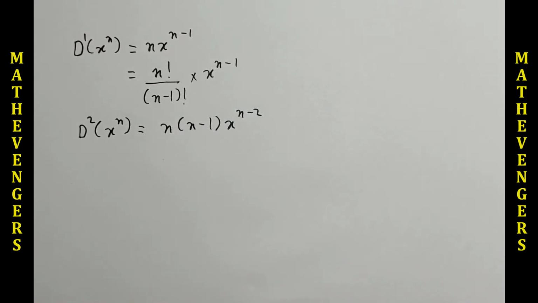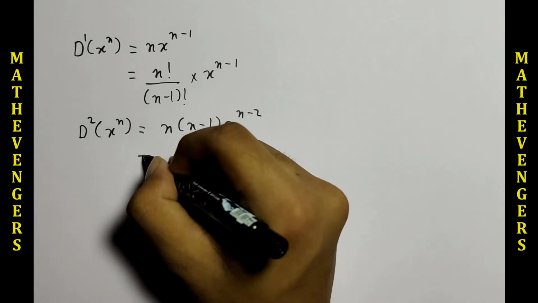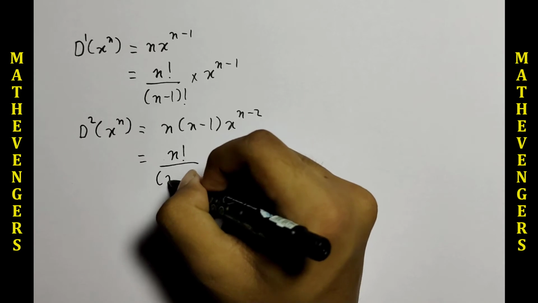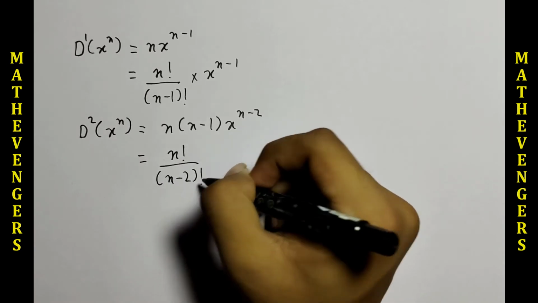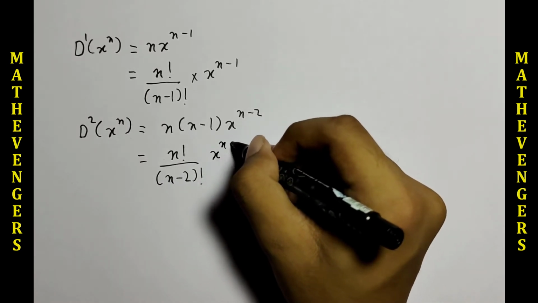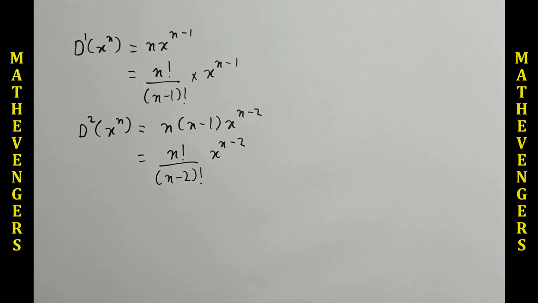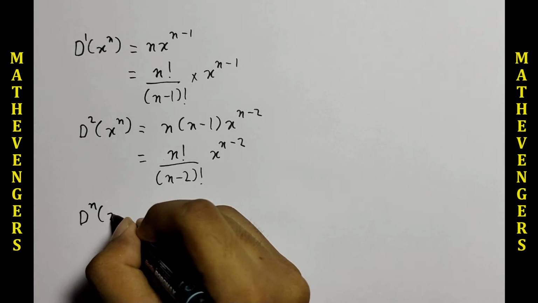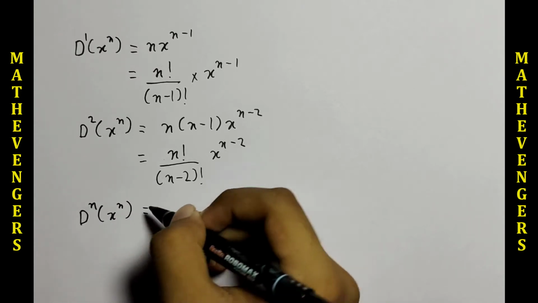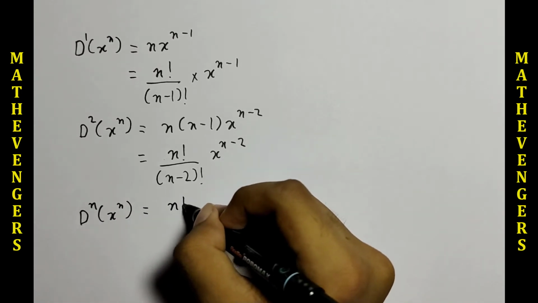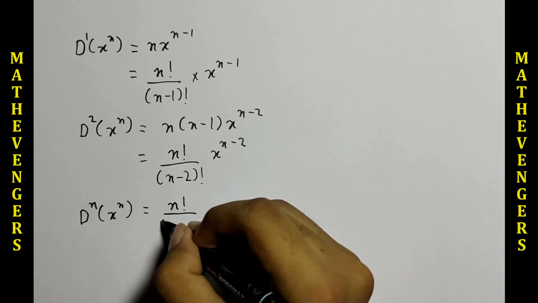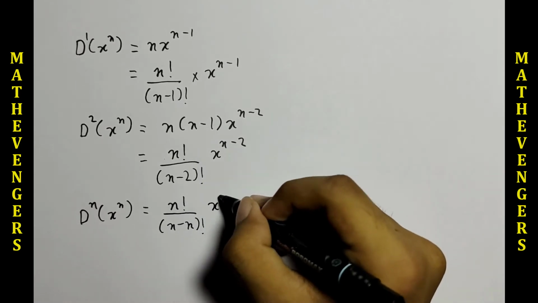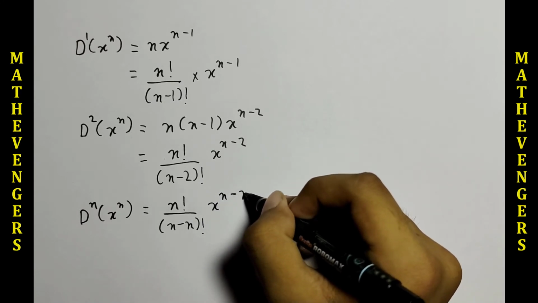We can write n into n minus 1 as n factorial upon n minus 2 factorial into x to the n minus 2. So we can write the nth derivative of x to the n equal to n factorial upon n minus n factorial into x to the n minus n.